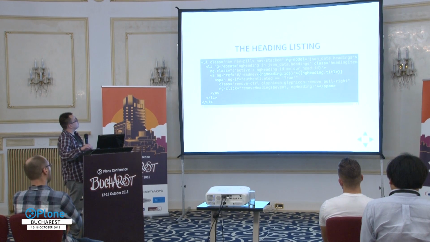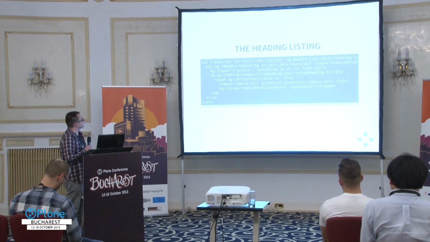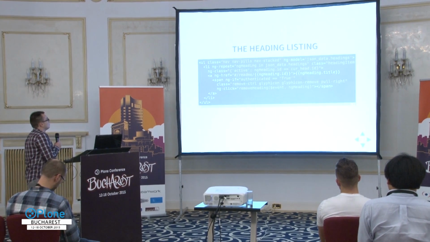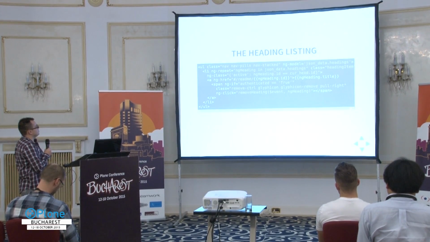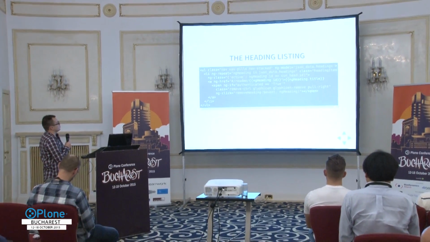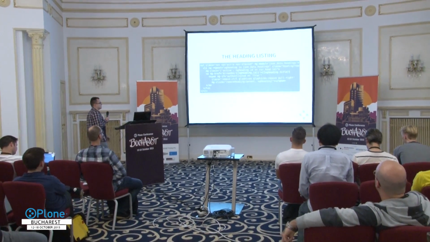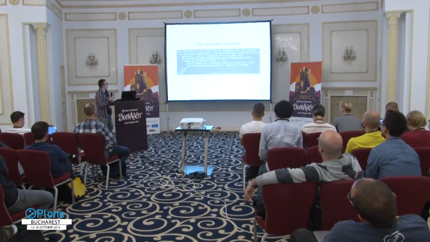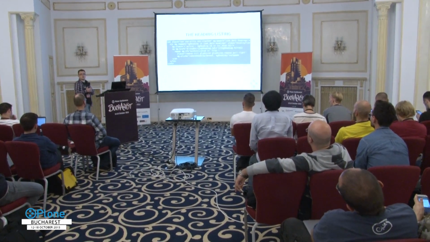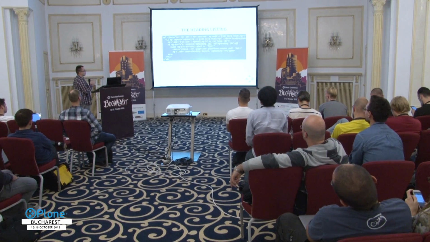Okay, this is the template for the heading listing, the one on the left. We are using the ng-repeat directive here in order to loop over the headings in the JSON data. The JSON data is attached to the scope. The data is coming from the factory and from the hidden input. But it's attached to the scope and it's going to remain there.